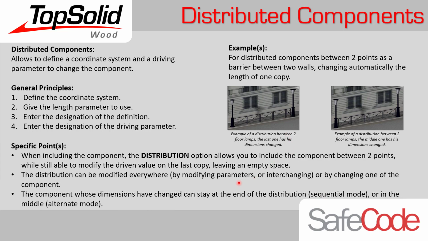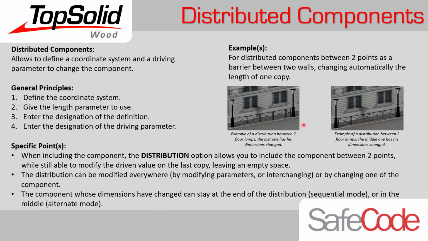If you brought them in alternate mode, the middle one will change if you go to change the last one. So the difference between sequential mode and alternate mode. Sequential mode is working in numerical order. So 1, 2, 3, 4, 5 when you've brought 5 units in.